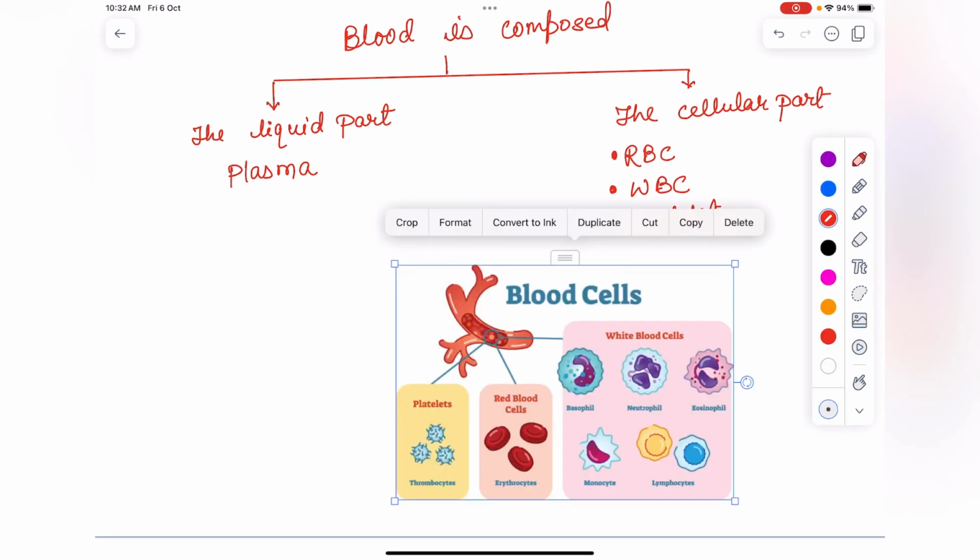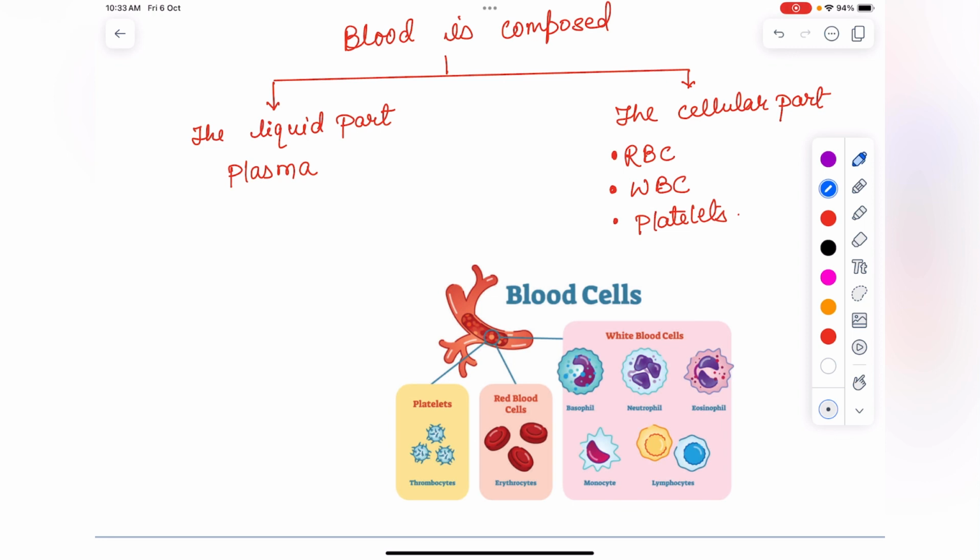This plasma, we can say, is a matrix, the liquid matrix. The cells of this blood are separated by liquid matrix. That matrix is called plasma.